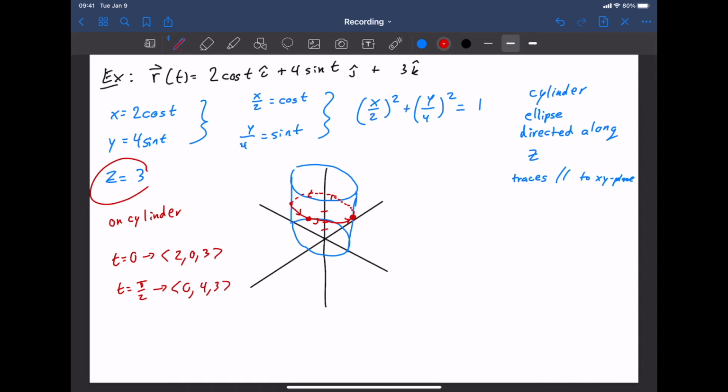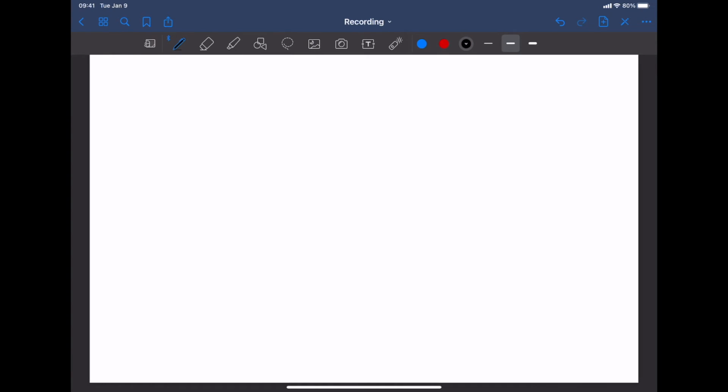Let's see how changing a few things in these styles of equations would change the outcome. So what happens if I do r of t equals cosine t i hat plus sine t j hat plus t k hat. So now we gave z a change too, right?